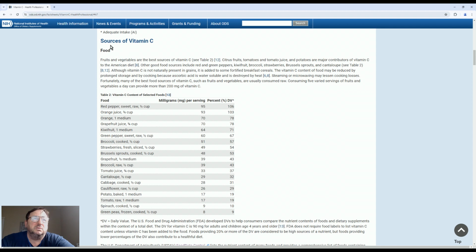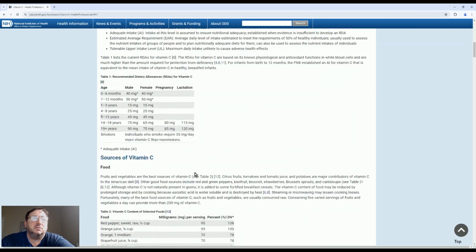So in case of vitamin C, the high number is not broccoli, but red pepper, orange juice, grapefruit, kiwi fruit. Broccoli is far away kind of, but still good. Brussels sprouts, tomato juice.